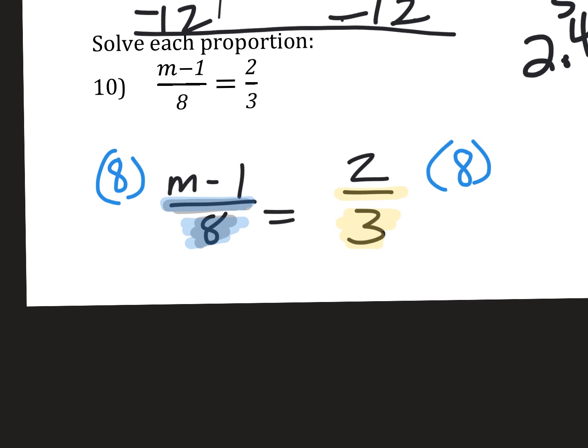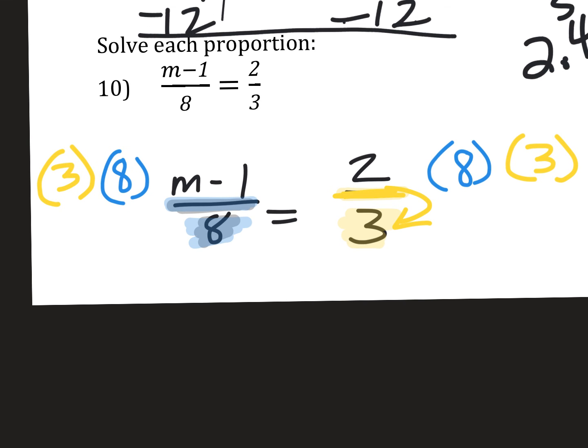And I'm not going to multiply yet, because then I'm going to cancel out this dividing by 3, and I'm going to do that by multiplying by 3 on both sides. So those 8s are going to cancel each other out. Those 3s are going to cancel each other out.